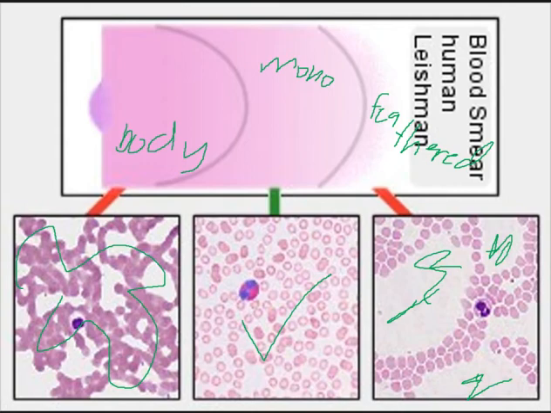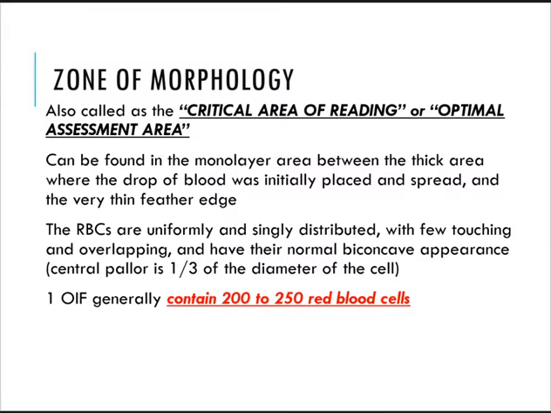Now, let's delve deeper into your zone of morphology. Your zone of morphology is called your critical area of reading or your optimal assessment area. It can be found in the monolayer area.